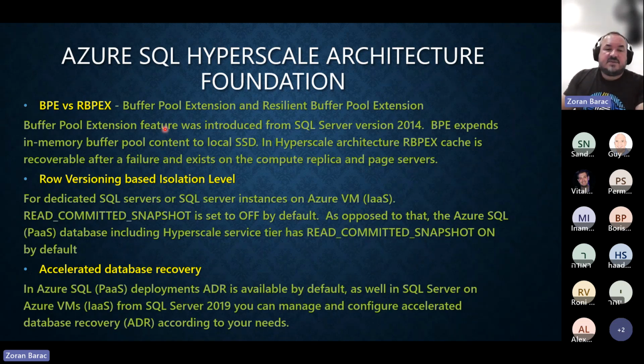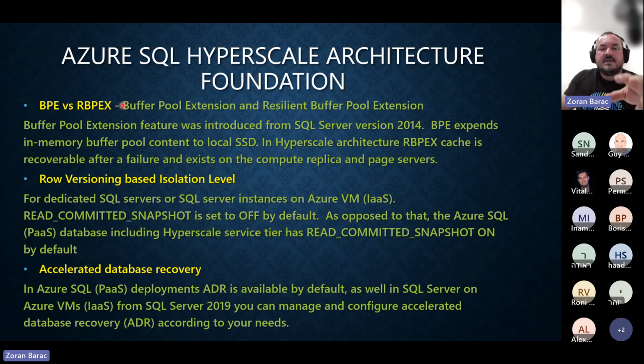And the size of it depends, and it's attached to your cores. When you're deploying the hyperscale, you're going to say, okay, I want 2 cores, I want 8 cores, however many cores you want. With the cores, memory is going up, and the hyperscale resilient buffer pool extension cache is going with that. So for example, with a 2-core hyperscale database deployment with around 5 something gigs per core, that's a little bit more than 10 gigs of memory.